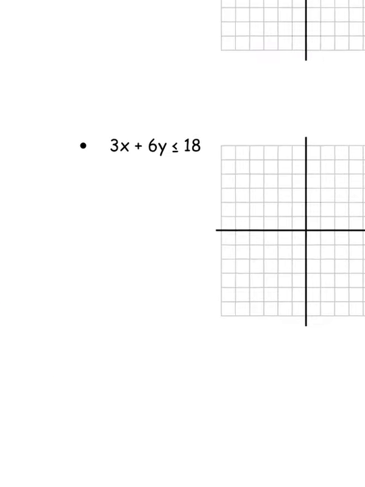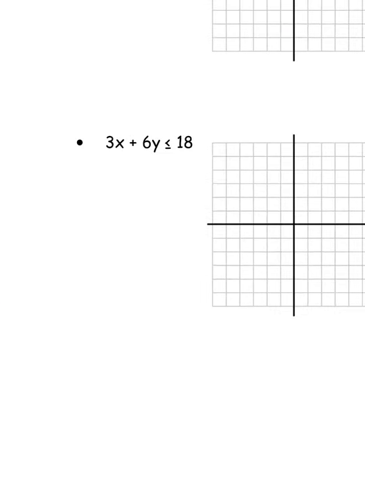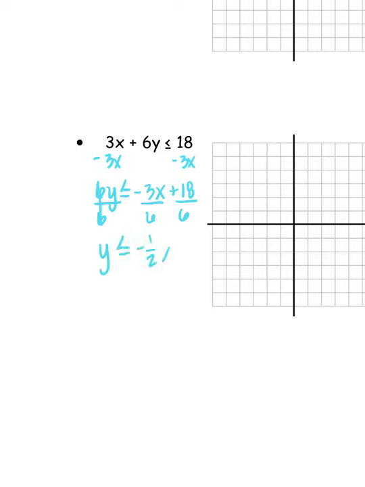Okay. Let's try this one. 3x plus 6y is less than or equal to 18. We got to get y by itself first, so let's subtract 3x from both sides. And we get 6y is less than or equal to -3x plus 18. Divide everything by 6. And we get y is less than or equal to -1/2 x plus 3.